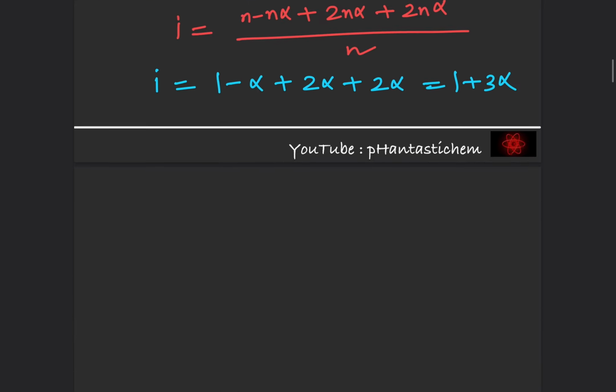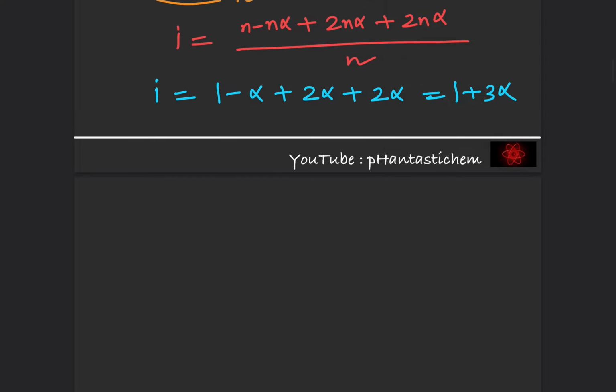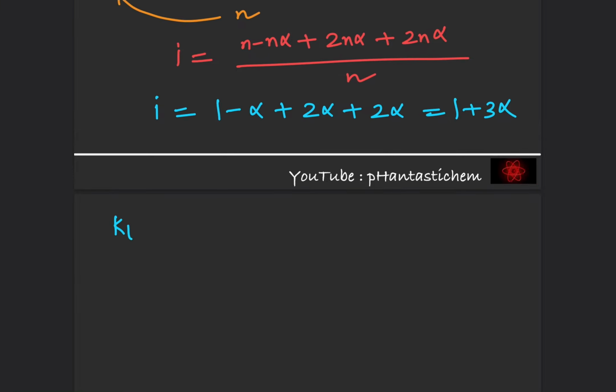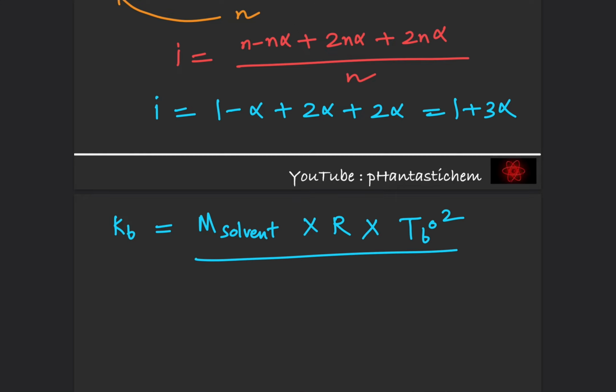Okay, now we have to calculate Kb because the solvent is not mentioned. We know that Kb, the molal elevation constant, is equal to M solvent into R into Tb naught squared divided by 1000 into delta vaporization H naught.